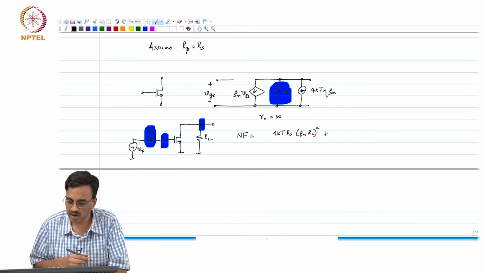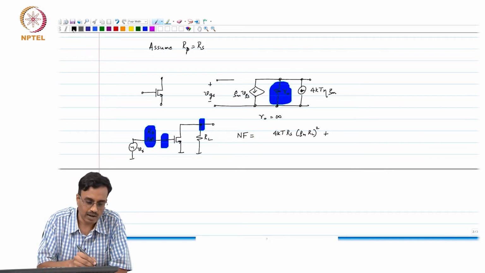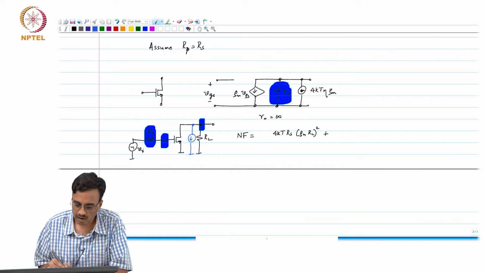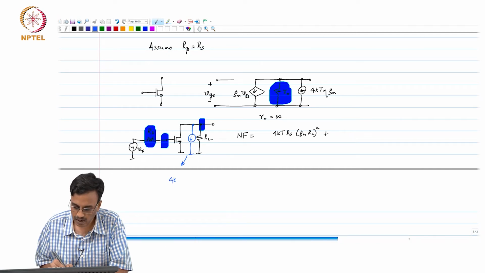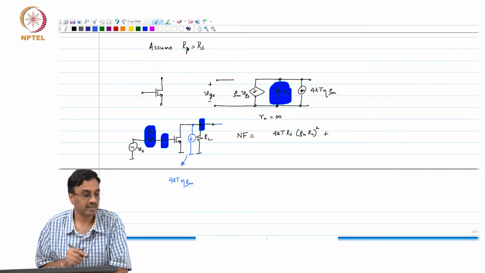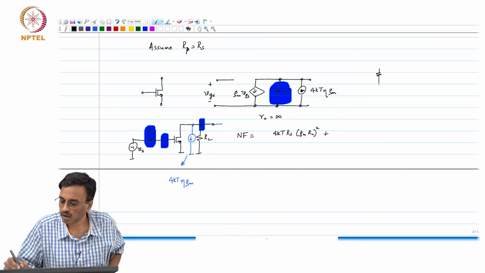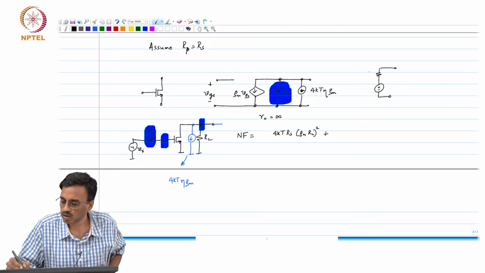So, there are three noise sources. Fortunately, it seems like we can use some simple trick to convert that into two. This noise source is that of the transistor, and it has 4kT eta gm. The noise source of the resistor is a voltage source, but we know how to convert from a Norton equivalent to a Thevenin equivalent.